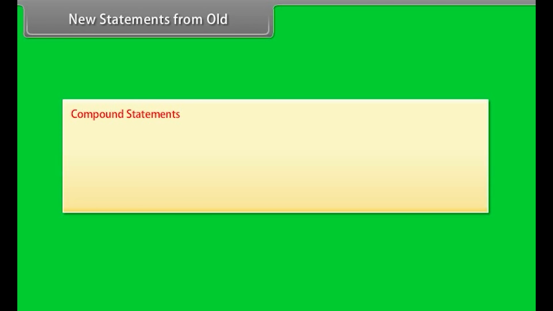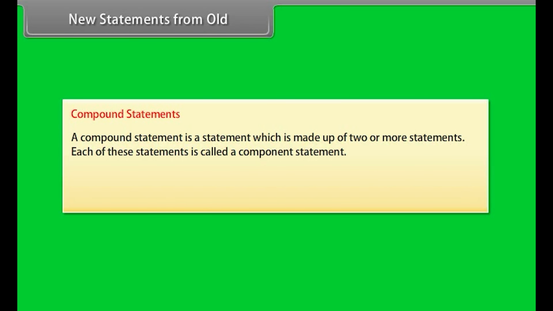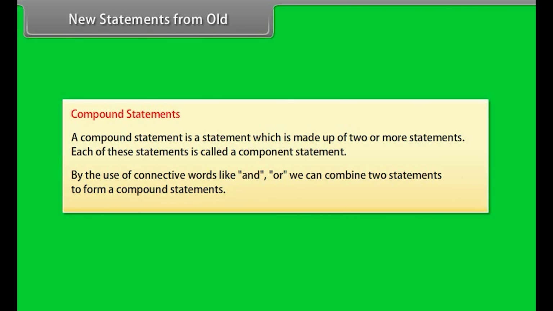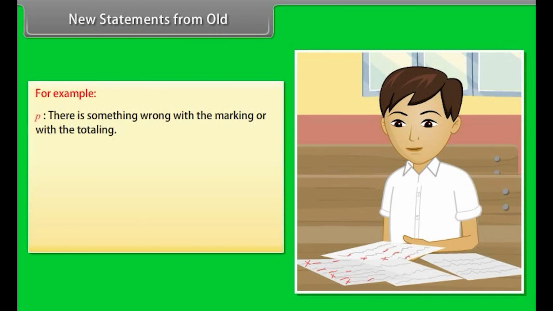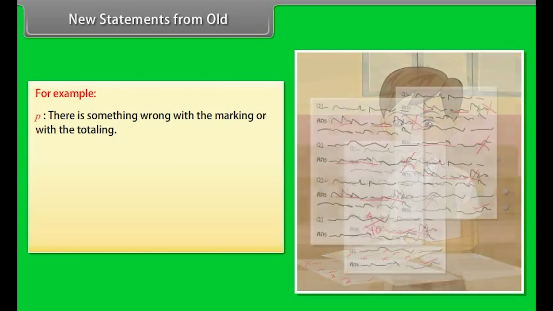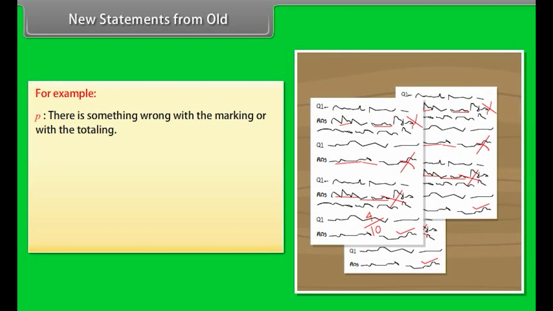Compound statements. A compound statement is a statement which is made up of two or more statements. Each of these statements is called a component statement. By the use of connective words like "and," "or," we can combine two statements to form a compound statement. For example, P is a statement that there is something wrong with the marking or with the totaling.